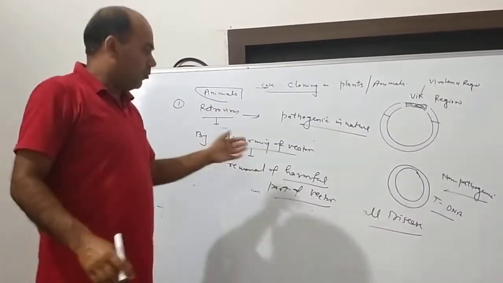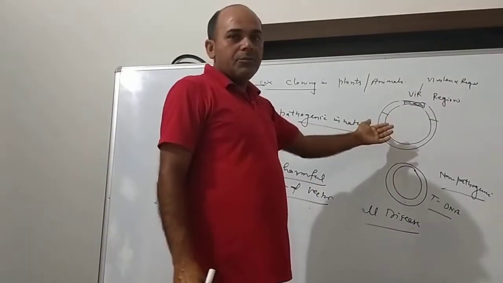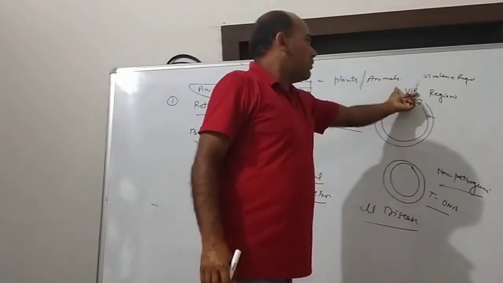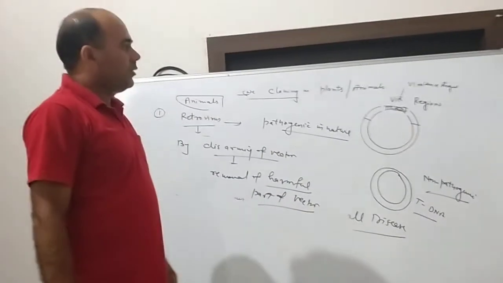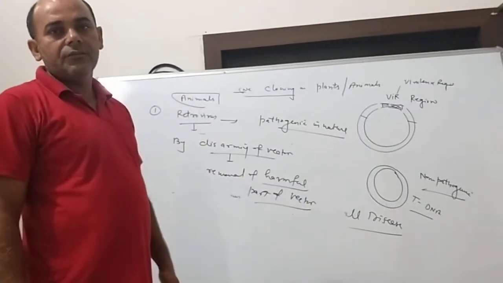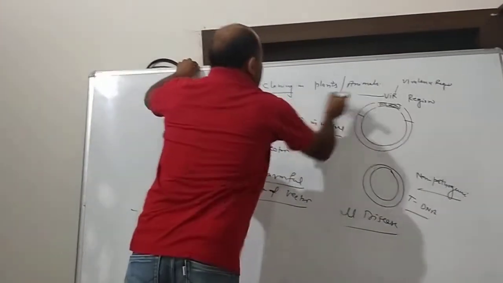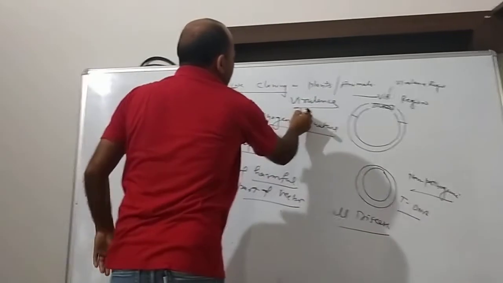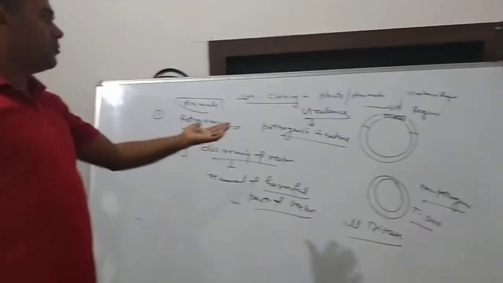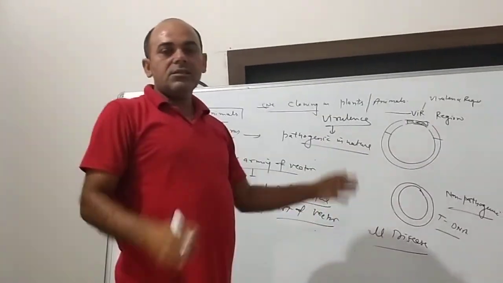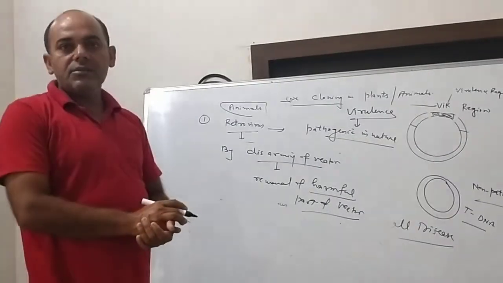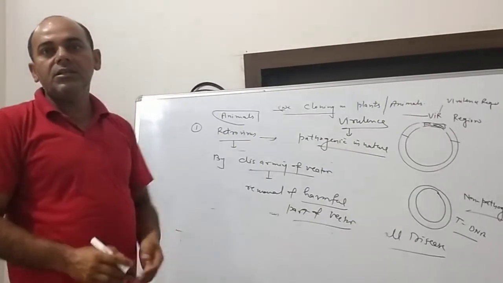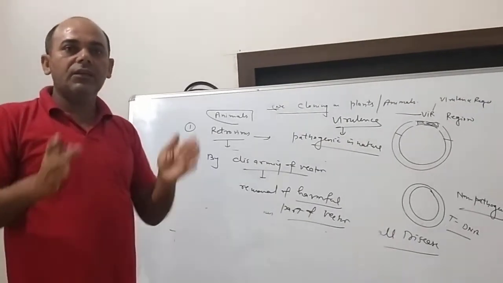The same can be performed in the Ti plasmid, in which we remove this harmful part, the virulence region, which is the pathogenic part. If we don't remove it, the vector will cause disease in plants. The disease which occurs due to this Ti plasmid is called crown gall disease.